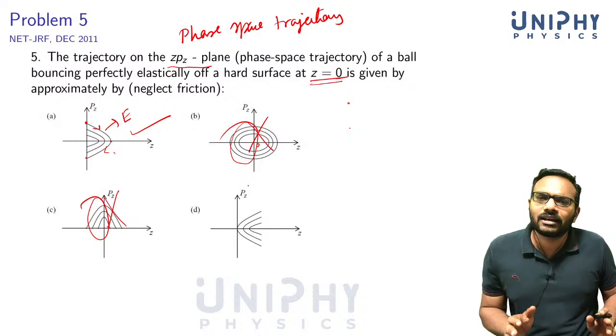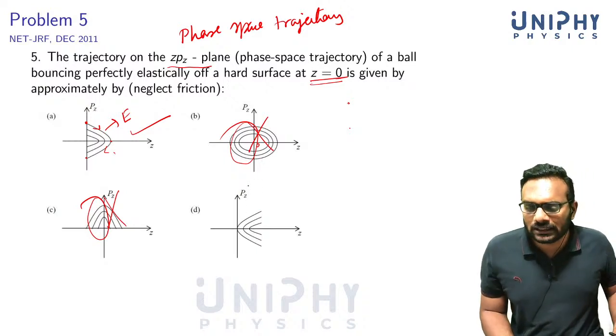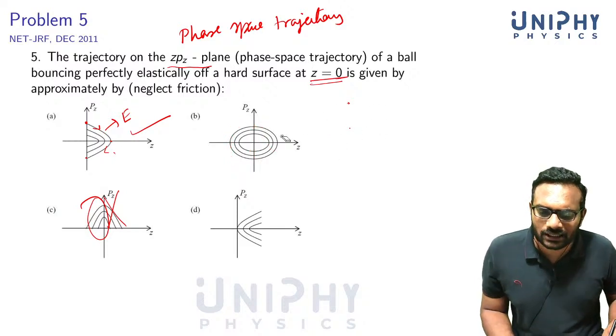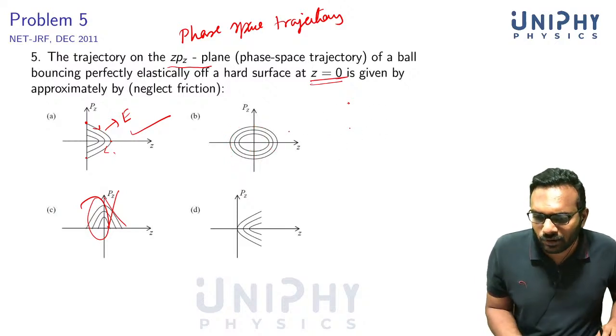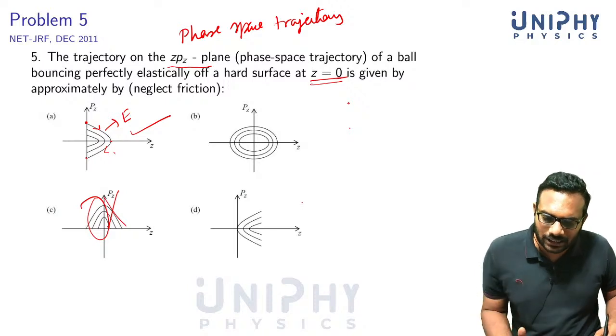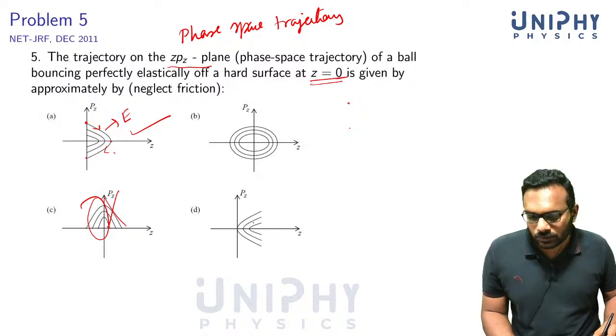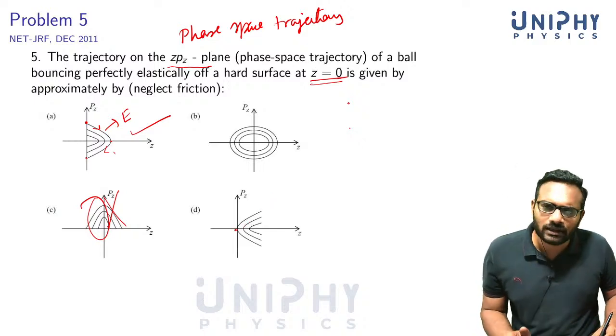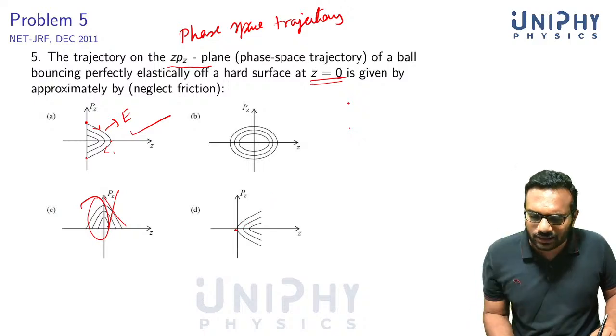There are a few tips and tricks to solve these phase-space trajectory problems. We will be dealing with phase-space trajectories in more detail in the classes which will follow. If you have any confusion, you can also look at this image.